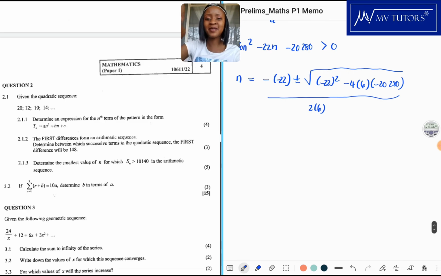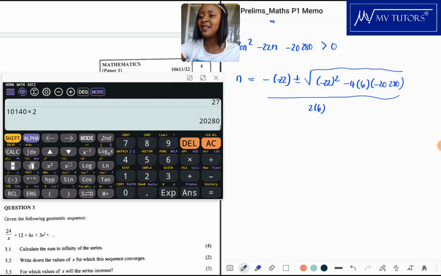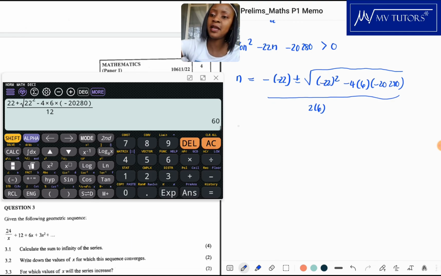Plug all of this into the calculator. So we have 22 plus the square root of 22 squared minus 4 times 6 times negative 20,280, all over 12. We get 60. All right, so n is equal to 60, or we have to test this afterwards.